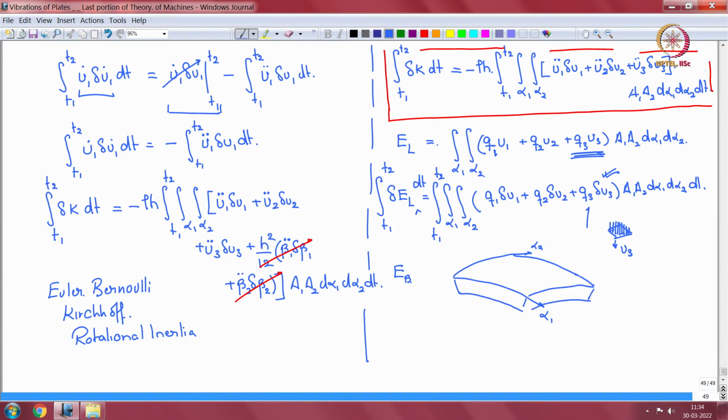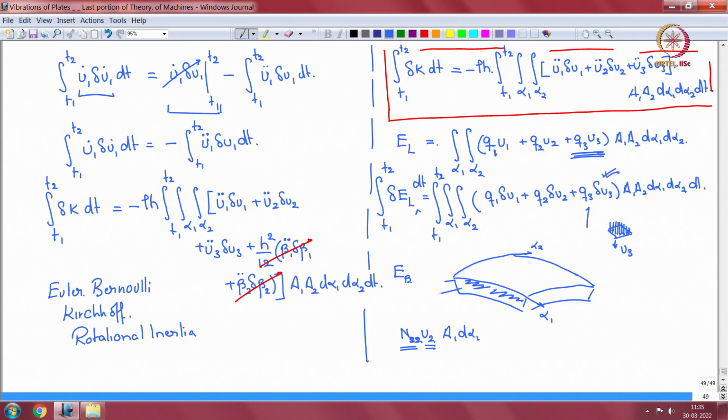So along this, what we have is an external force, the elemental external force into U2, force per unit length into U2, into the length element A1 d alpha 1.